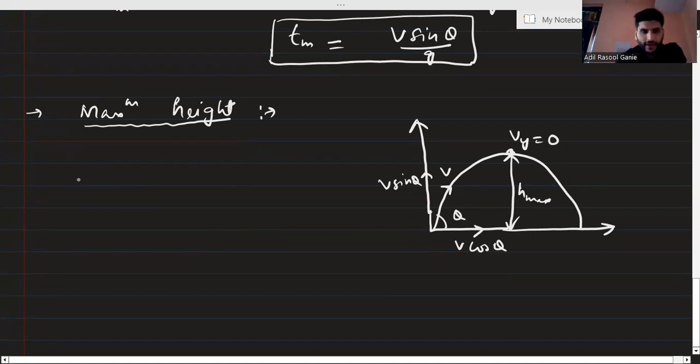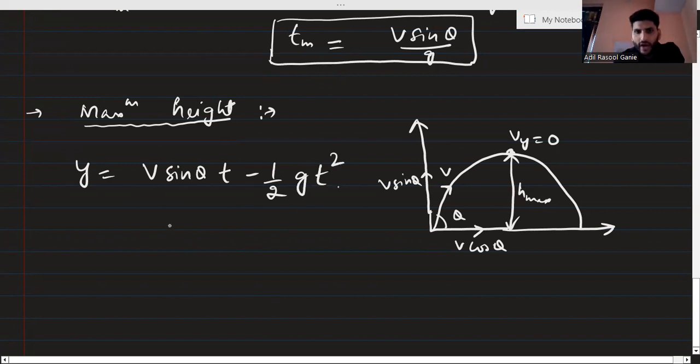So therefore, if I find the displacement equation, y is equal to v sine theta into t minus half g t square. Why this t? This t is the time which the body takes to reach this maximum height.